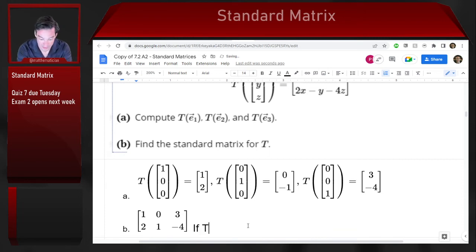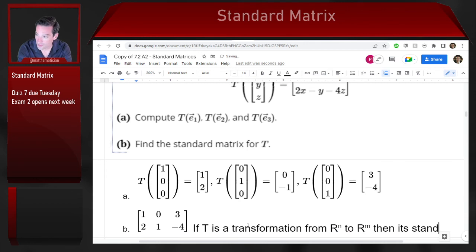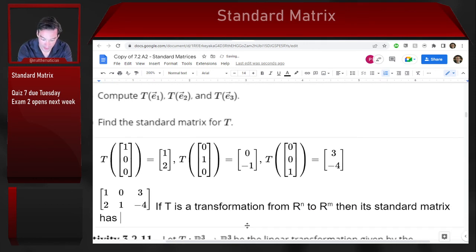If T is a transformation from R^n to R^m, so if it takes me from an n-dimensional space into an m-dimensional space, then its standard matrix has m rows and n columns. It's m by n. So it takes the dimensions of the codomain and the domain and it reverses them in the dimensions of the matrix.